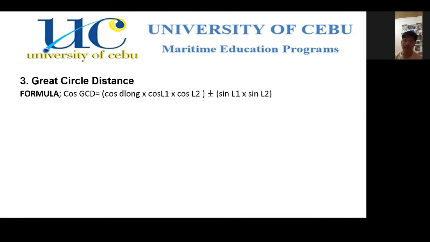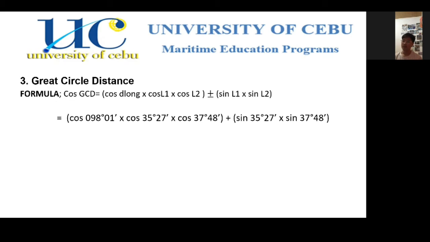We have this formula: cosine GCD equals open parenthesis, cos D long times cosine latitude 1 times cosine latitude 2, close parenthesis, plus or minus sine latitude 1 times sine latitude 2. Next, we need to substitute.